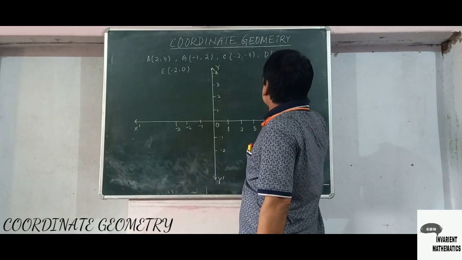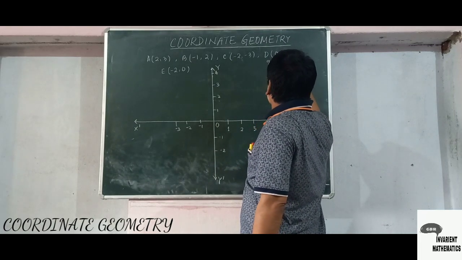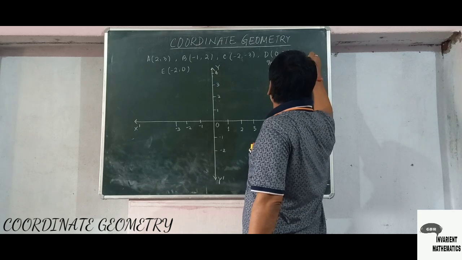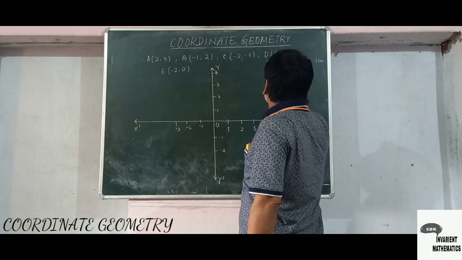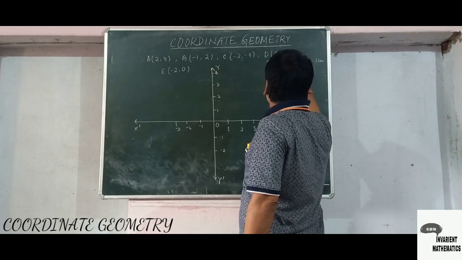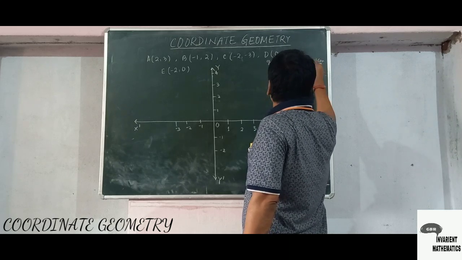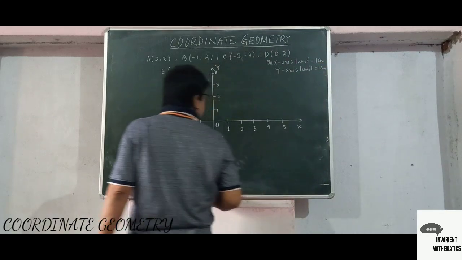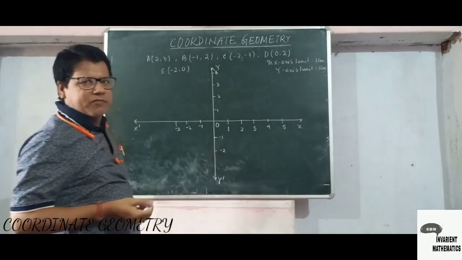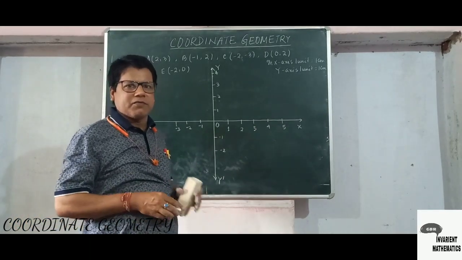On the x-axis, 1 unit is equal to 1 cm, and on the y-axis, 1 unit is equal to 1 cm. You can vary the units. You can take 2 units as 1 cm, you can take 5 units as 1 cm.